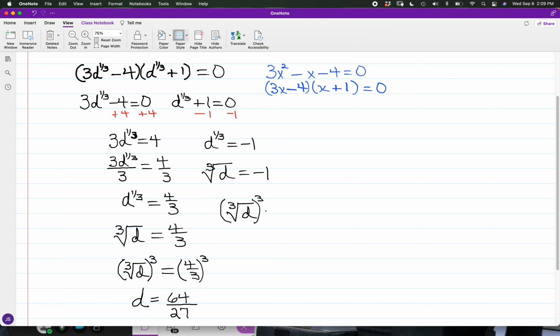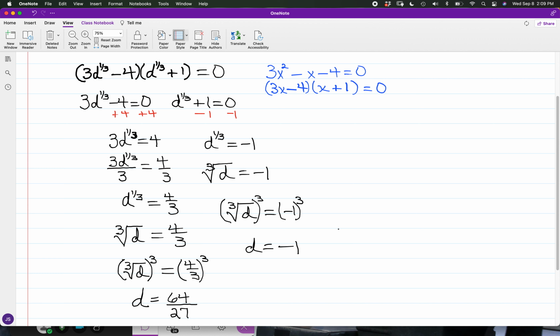Cubing both sides, the cubic root of d to the 3rd will be d, and the cube of -1, -1 times itself three times, will be -1.